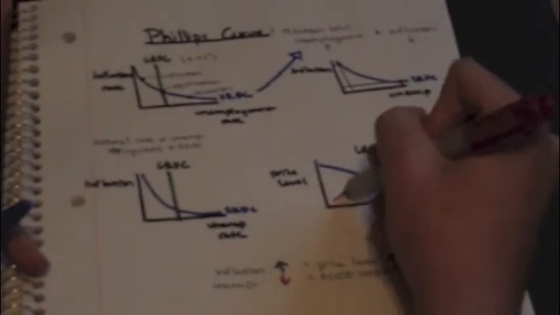They both are the vertical lines that are located at full employment. Here's the SRPC line, short-run Phillips curve, and here's the AD, aggregate demand, and here's the aggregate supply line.